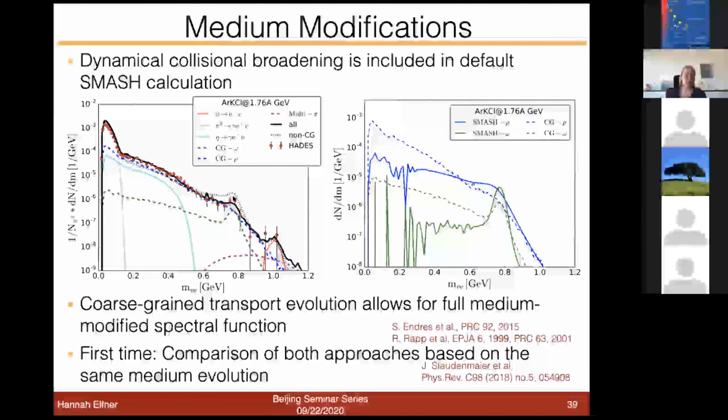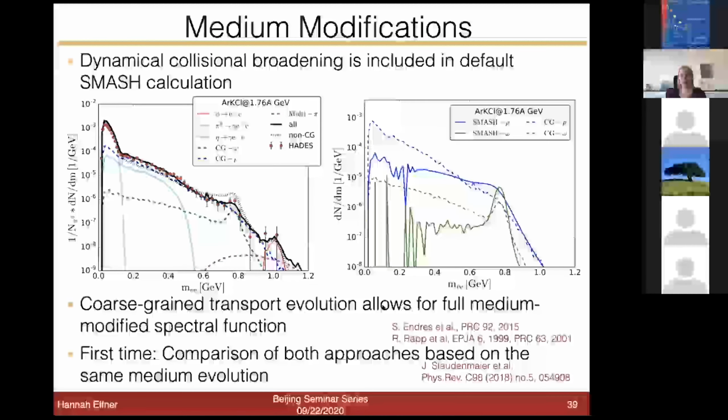So here one already sees explicit medium modifications, which we can include at this point only through this so-called coarse-graining approach, where you run many events, calculate densities, and then connect it to the full medium modified spectral function.